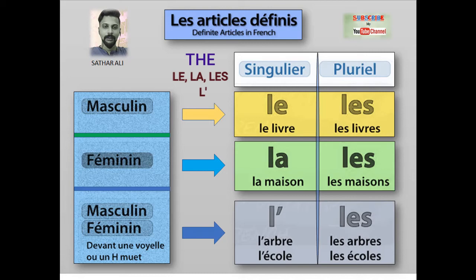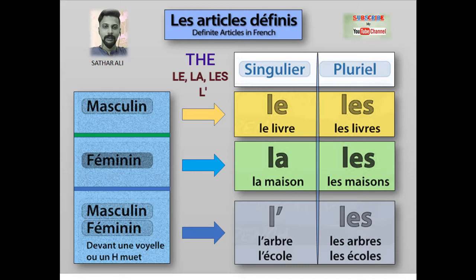Okay, so now if it is a masculine form, l'arbre. Arbre is masculine. Le arbre. We cannot say le arbre because this is a vowel form and this word starts with a vowel. So this is contracted.